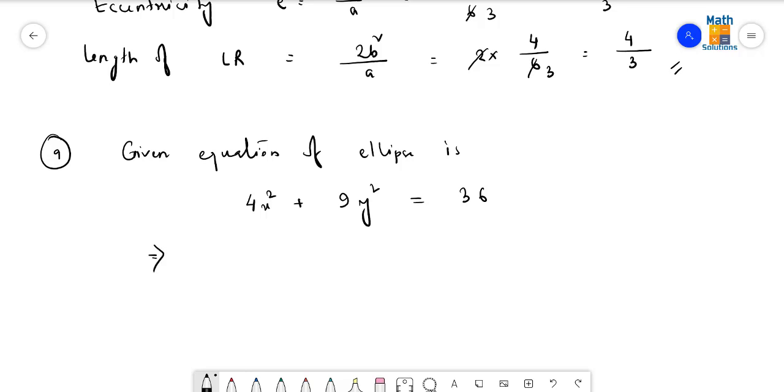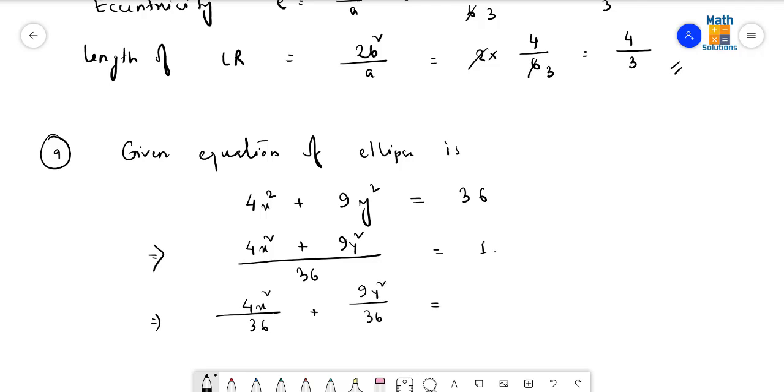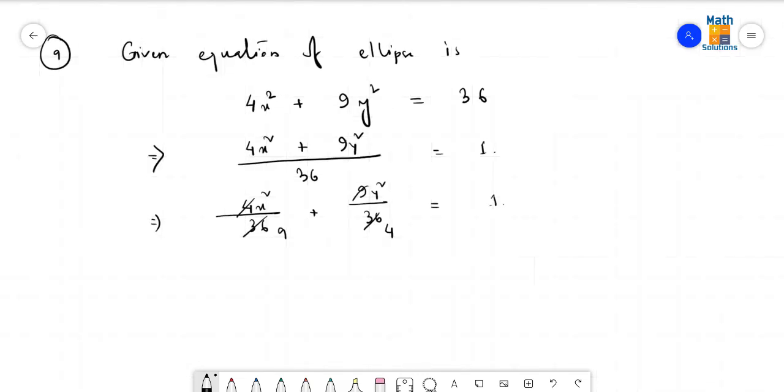Exactly in the previous way we have to proceed, means both the sides should be divided by 36. 4x square by 36 plus 9y square by 36 is equal to 1. Let's cancel it out. Then we get x square by 9 plus y square by 4 is equal to 1.